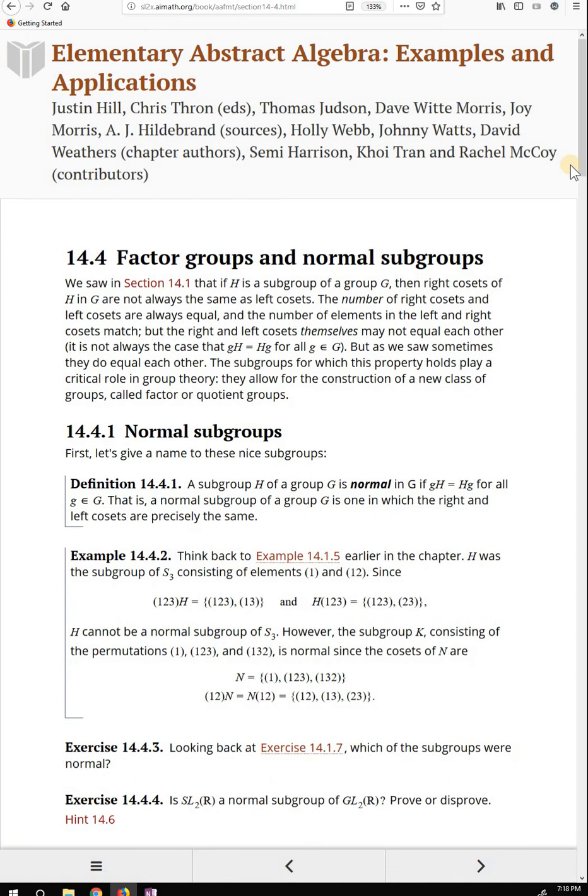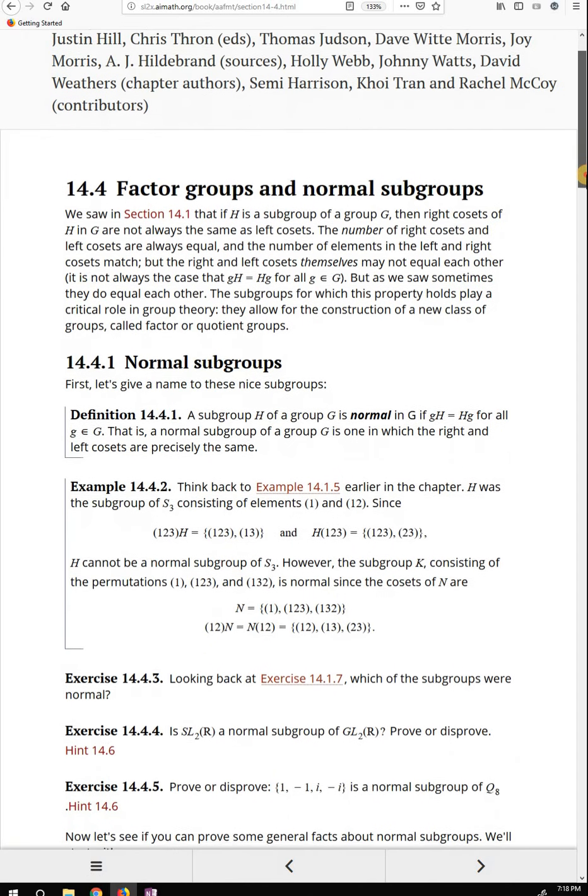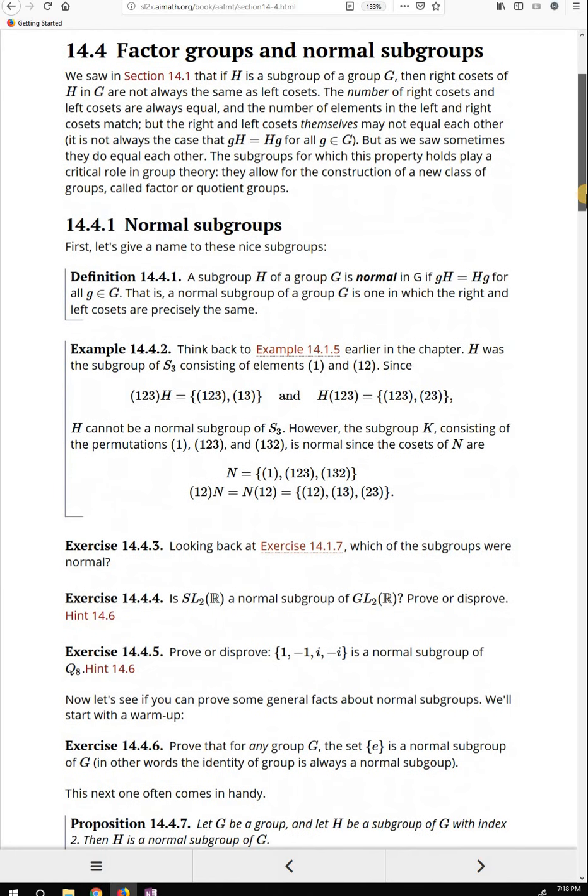All right, now, so far we've been talking about any old subgroup. And I can say also that we've been talking about cosets. There are two kinds of cosets: left cosets and right cosets. You can multiply the element on the left, like this one, or you can multiply the element on the right, like this one.